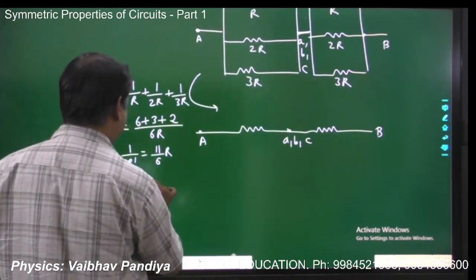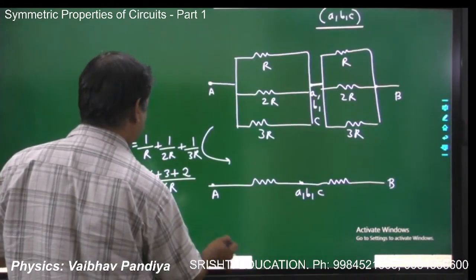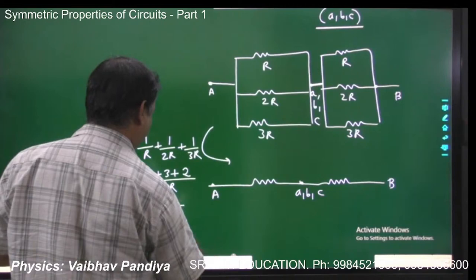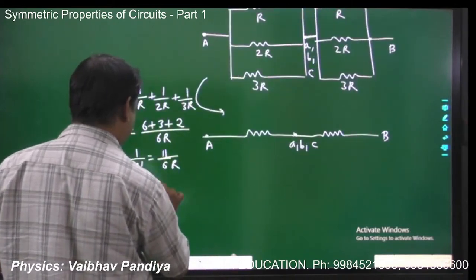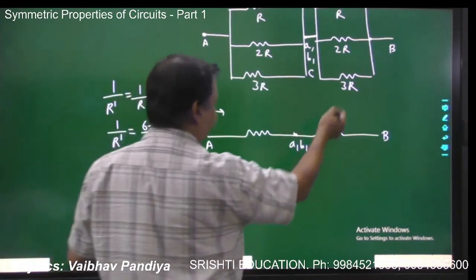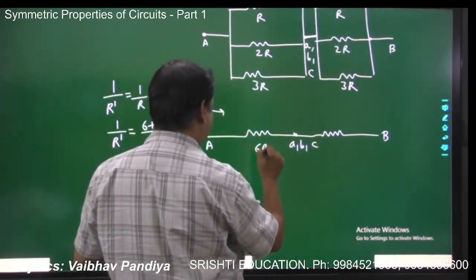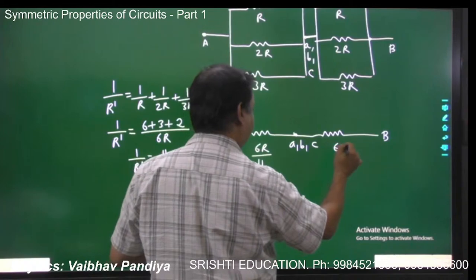So R dash will come to be 6R by 11, correct? And the same thing will be for the right hand side, both are identical. So it will be 6R by 11, 6R by 11.